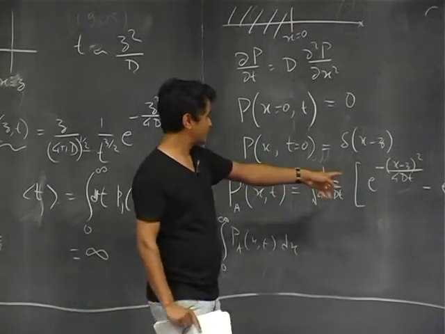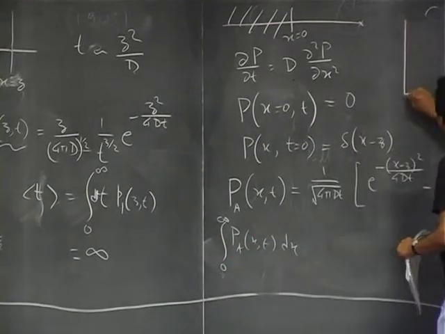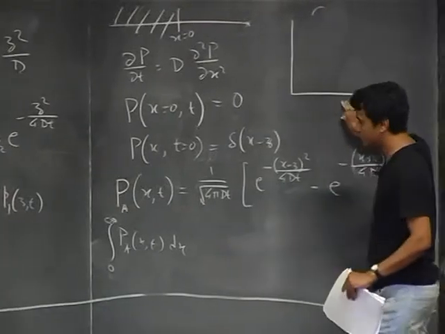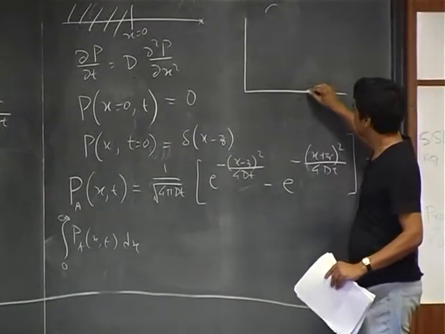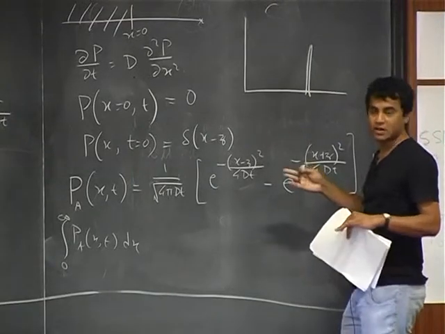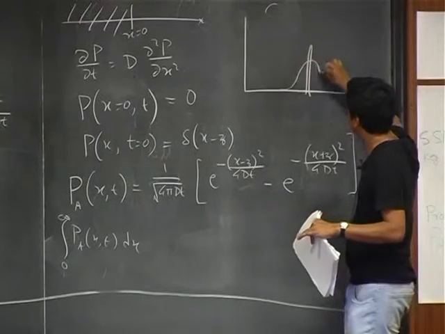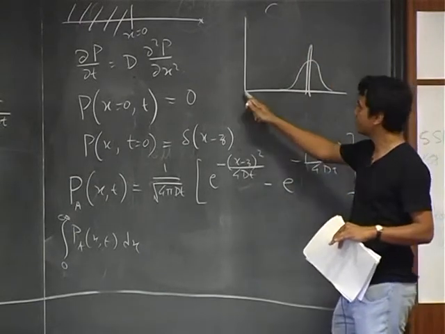So actually, if you plot this distribution, what you'll find is it looks something like this. At t equal to 0, it starts from z, so it's a delta function out here. Then for some time before it sees this wall, it will still look like a Gaussian. Then at some point it sees the wall.